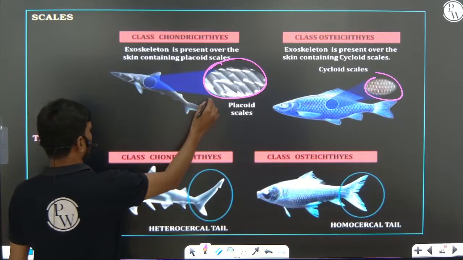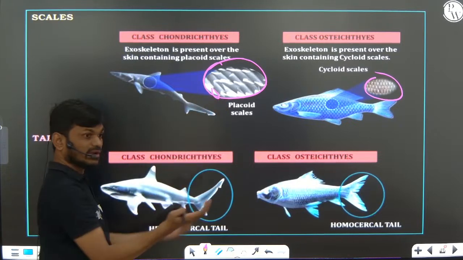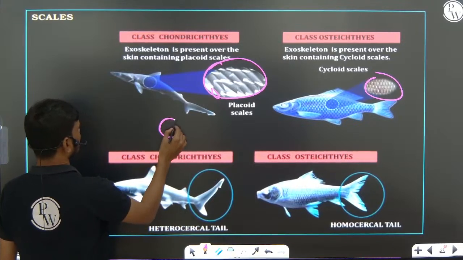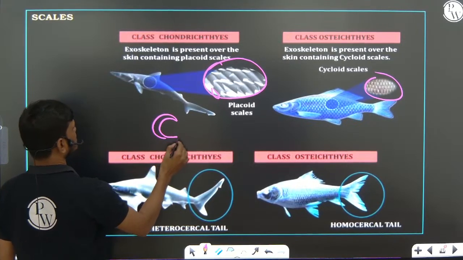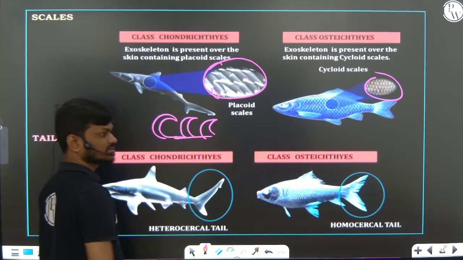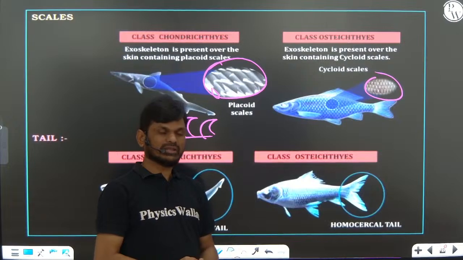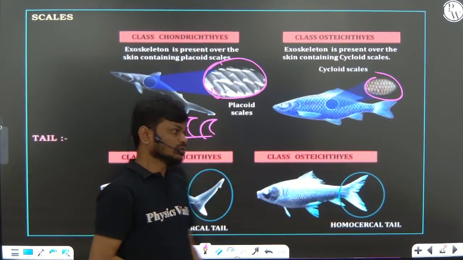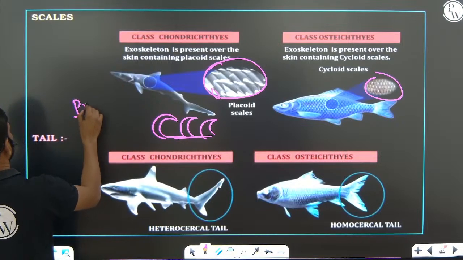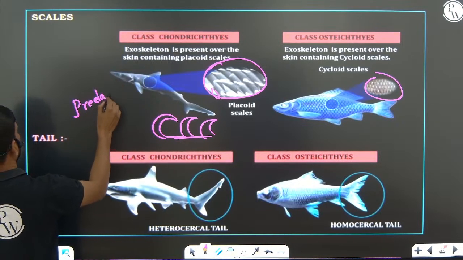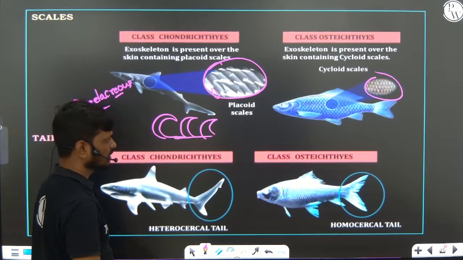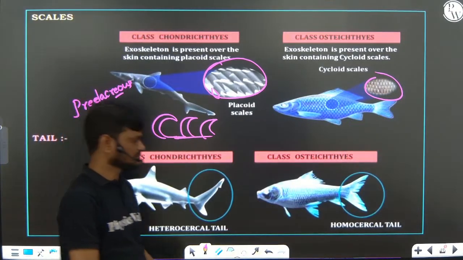The placoid scales are modified into teeth, backwardly directed like this. So that's why most of the Chondrichthyes are predaceous in nature.